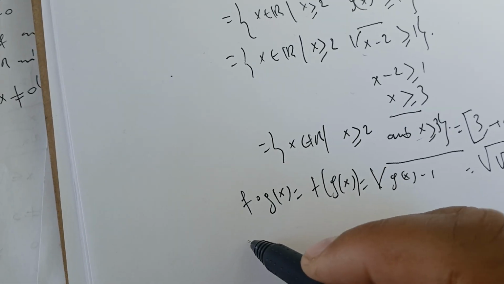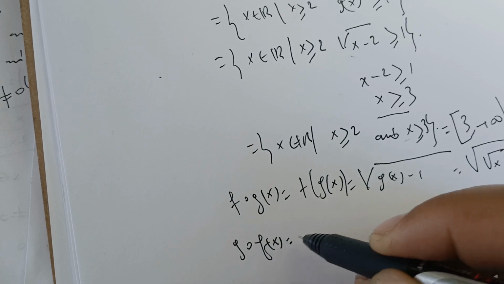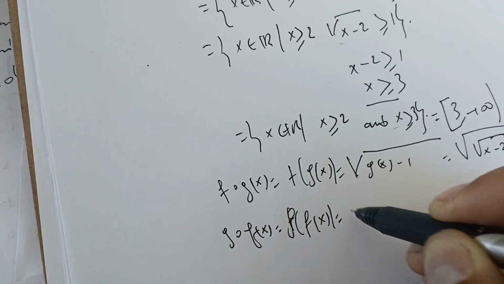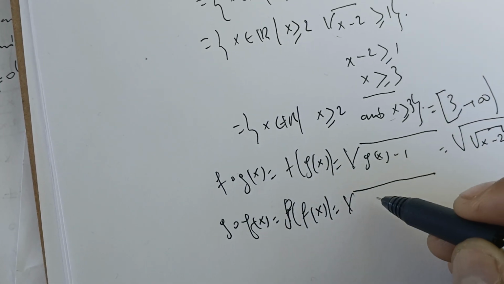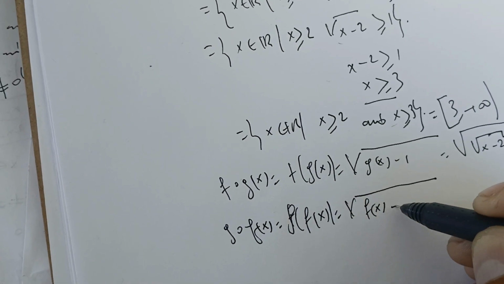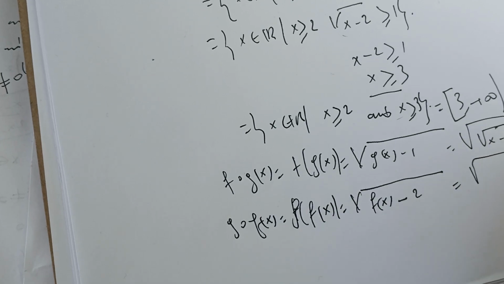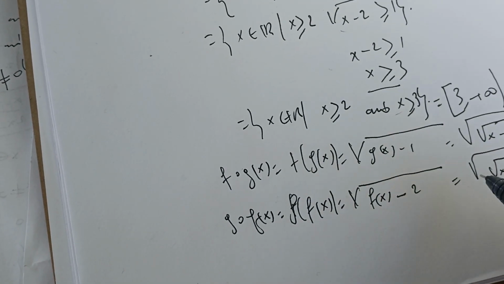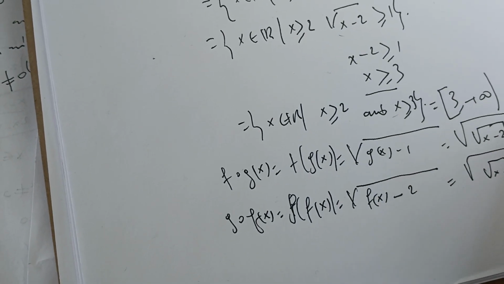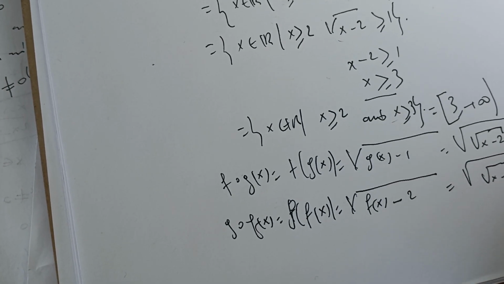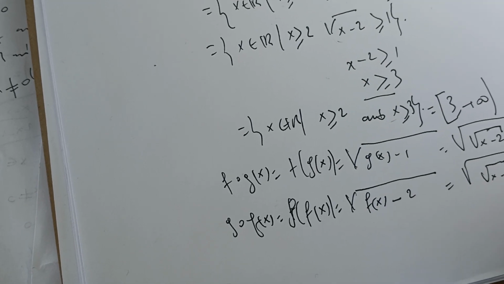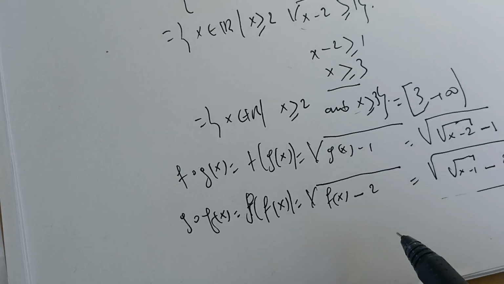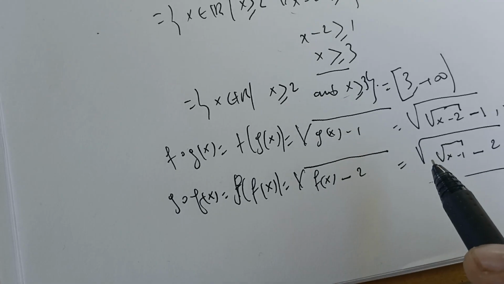Okay, and g of f of x is the square root of f of x minus 2, which is the square root of the square root of x minus 1, minus 2. And the first one is defined when x is bigger than 3. This one is defined when x is bigger than 5. So that's how we get the domain of definition.